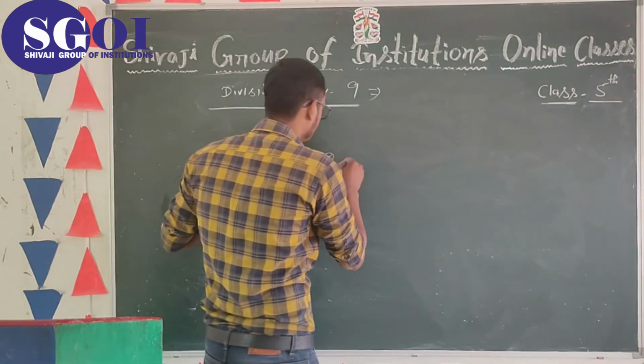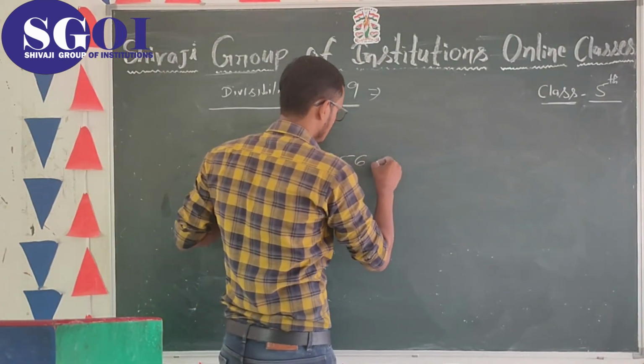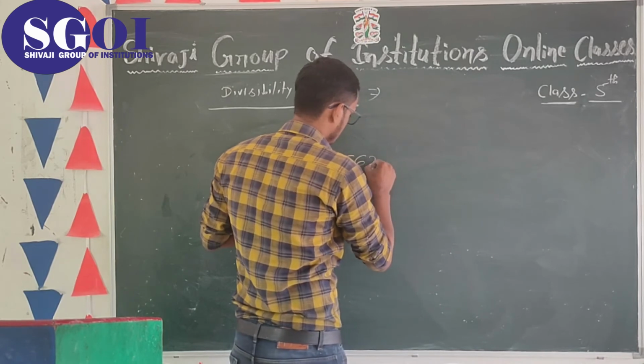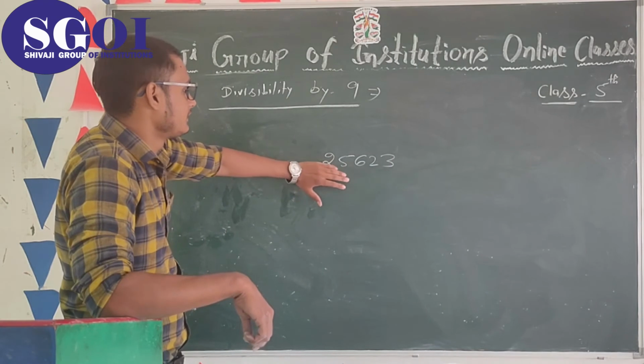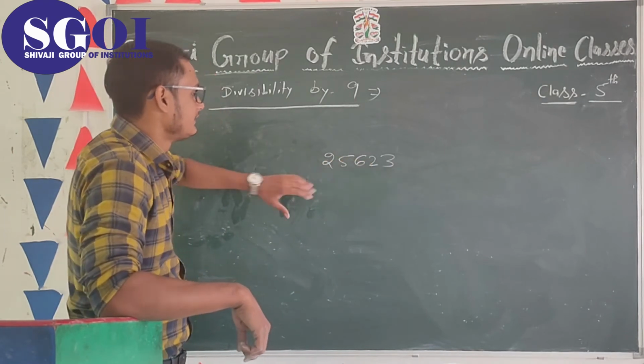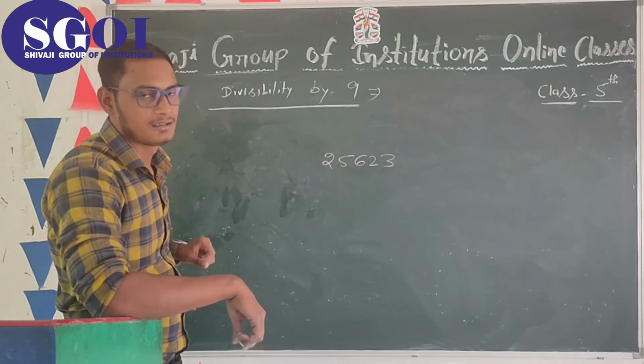Look, the example is this number, 25,623. Is this number divisible by 9?